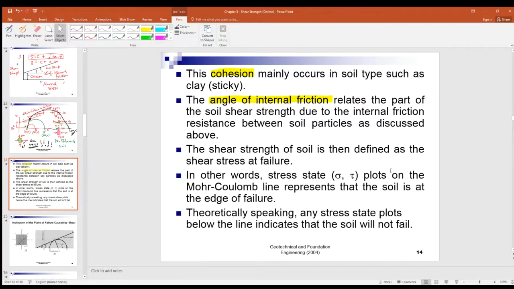Well, for this slide, I'm not going to repeat what the cohesion and the angle of internal friction are and so on.